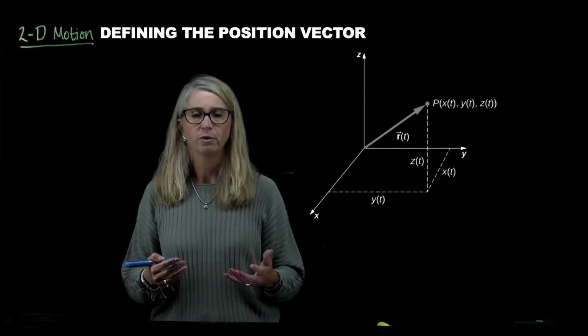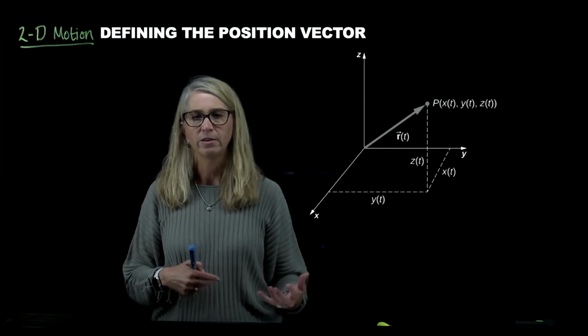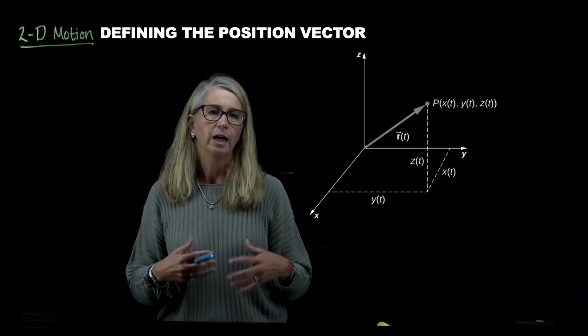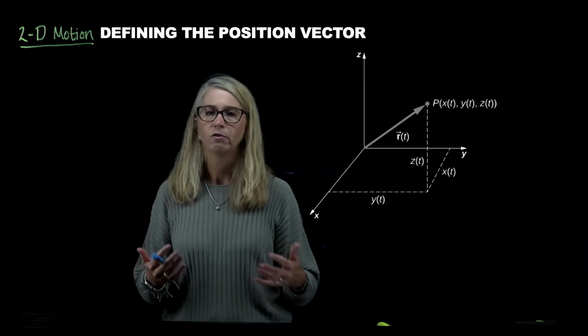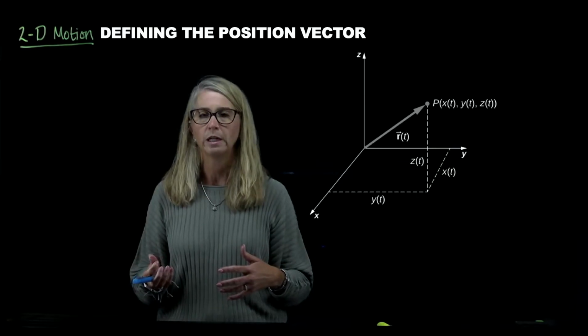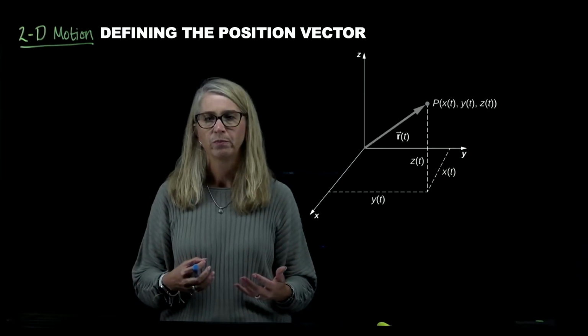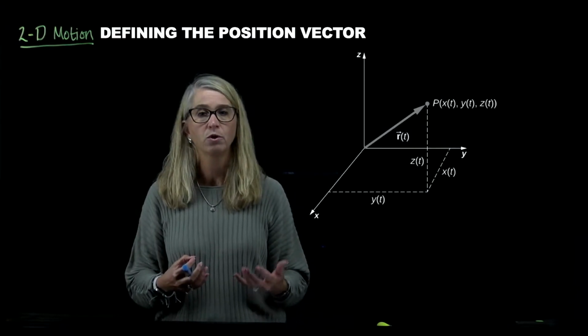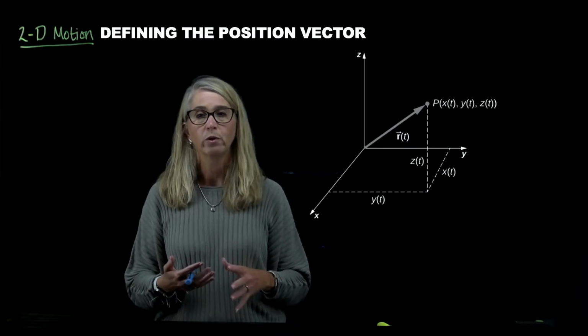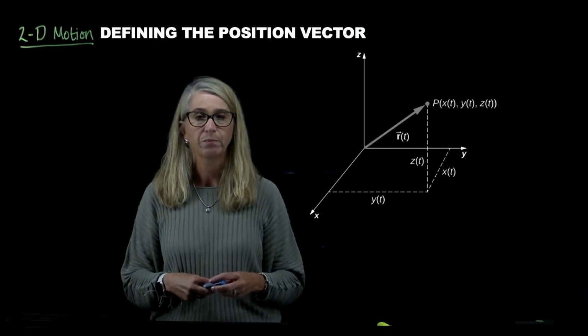Three dimensions is really not a big deal. You're just adding the z component, and everything that we go over today can be easily translated from the 2D nature that we're looking at to three-dimensional space. It's just a little easier most of the time to draw things and show them in two-dimensional space.